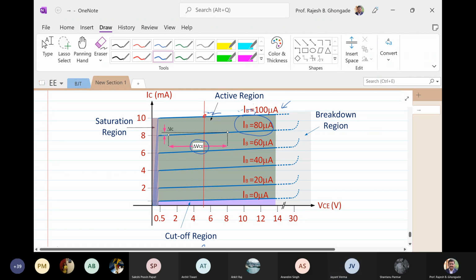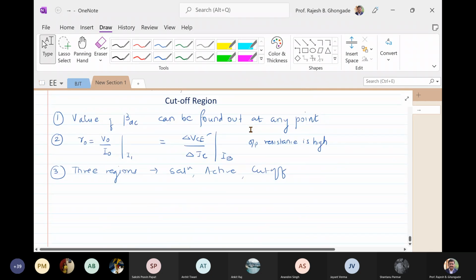Yes, sir. So IB is the one who controls IC in active region. And that relationship is linear because you already know that IC is beta DC into IB.